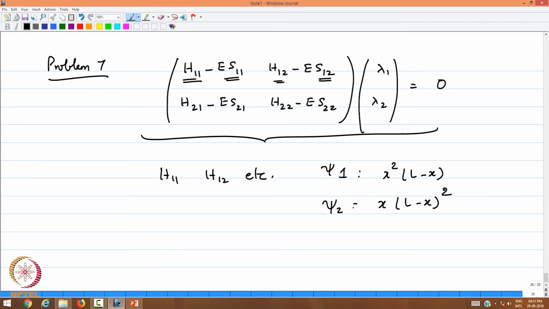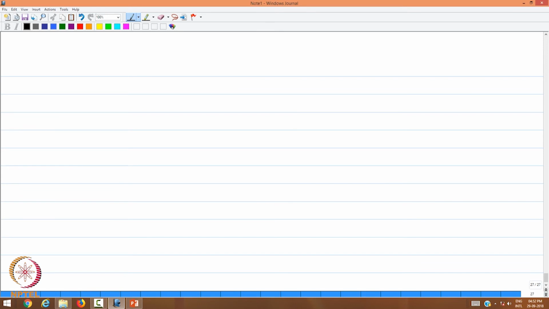Therefore, if we call psi 1 as this, H11 is the integral psi 1 H psi 1 dx between 0 and L, and H12 is the integral 0 to L psi 1 H psi 2 dx, and the integral S11 is psi 1 of x square, 0 to L dx, and the overlap integral S12 is the integral 0 to L psi 1 psi 2 dx.